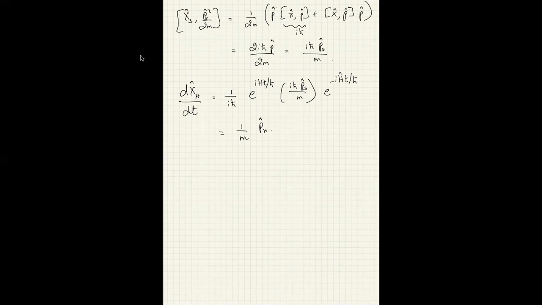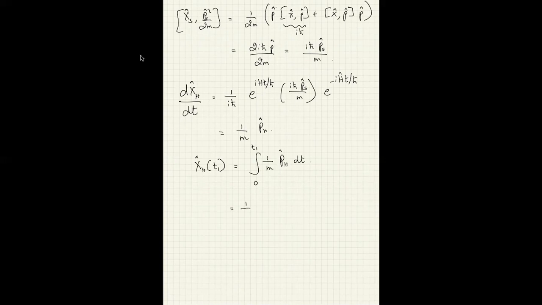See, if I formally have to integrate this, x_H at some time t1, assuming that I start with time t equal to 0, would be given by the integral from 0 to t1 of 1 over m p_H dt. What is this?